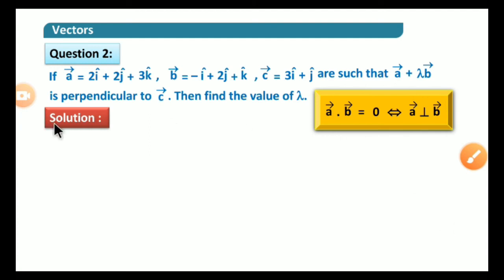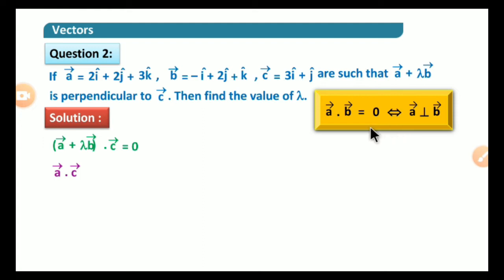Therefore, again consider A plus lambda B, which we should find so that its dot product with vector C is equal to 0, because it is given that these two vectors are perpendicular, which means their dot product is equal to 0.